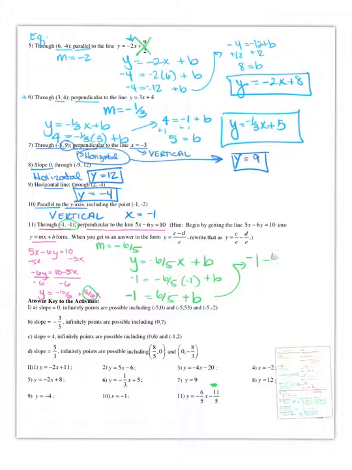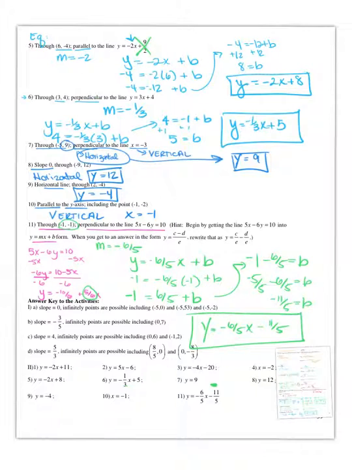So we have -1 minus 6/5 equals b. Finding a common denominator, we now have b equal to -11/5. Finally, putting all those steps together, we have y equals -6/5x minus 11/5. And that is an equation that's perpendicular to the line given, going through the point -1, -1.